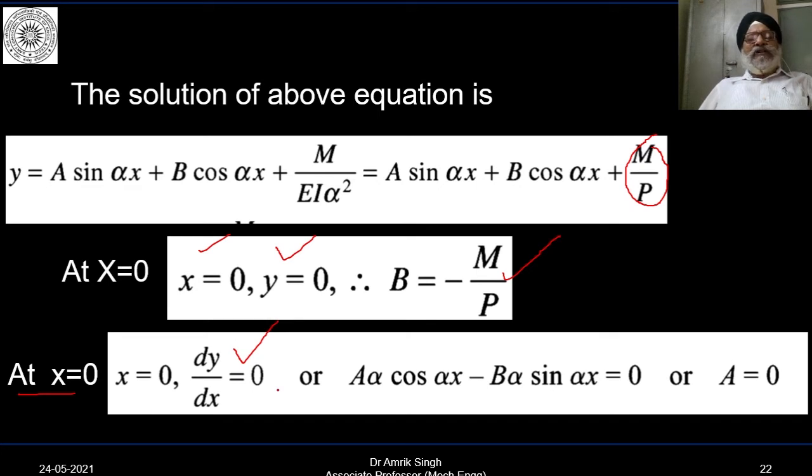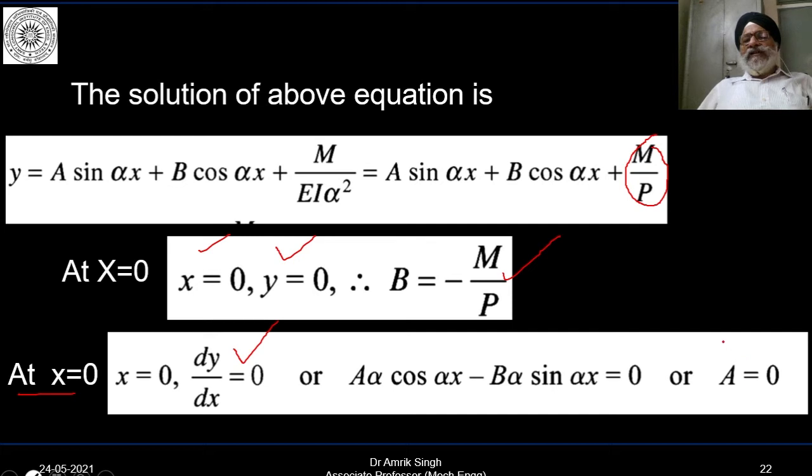So we put this condition. What we did, we differentiated this equation. So dy by dx is equal to 0: A cos alpha x into alpha minus B into sin alpha x into alpha is equal to 0, because this is a constant.